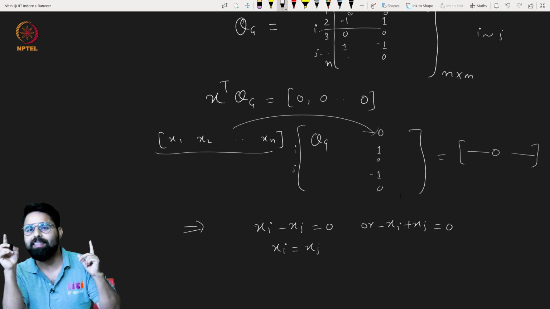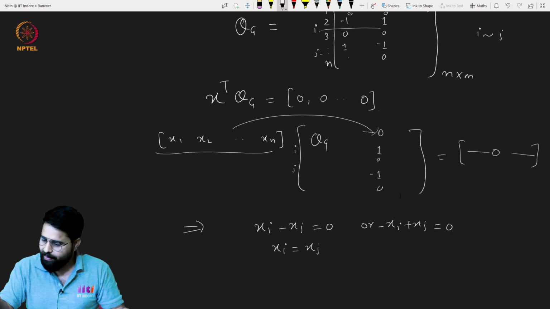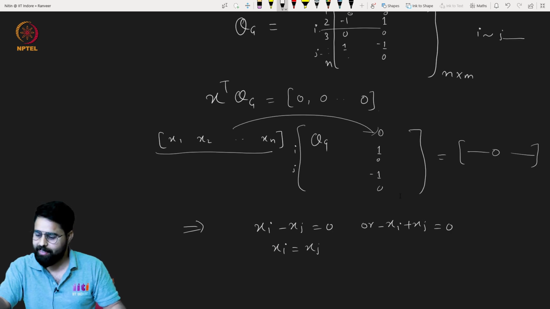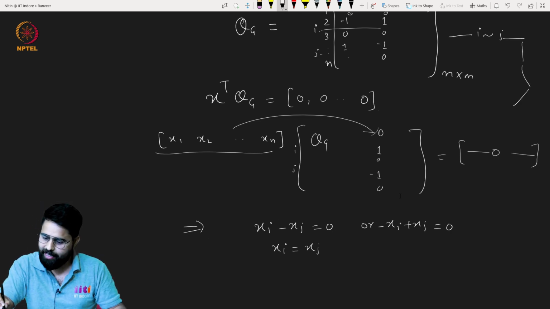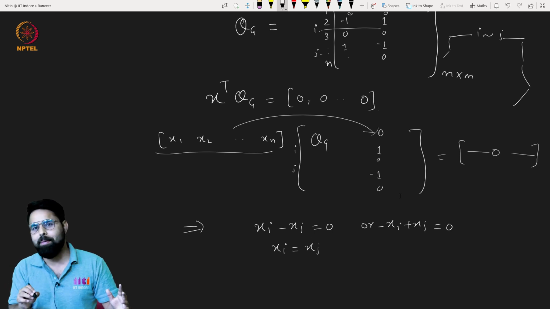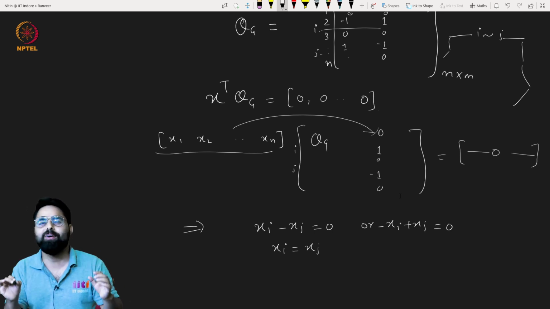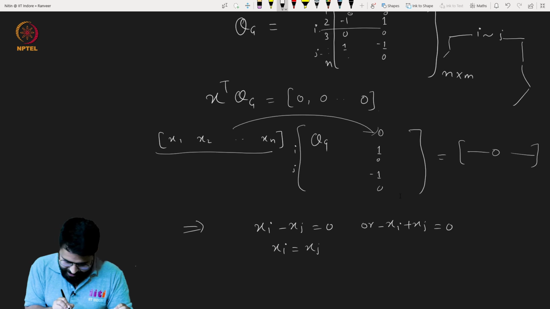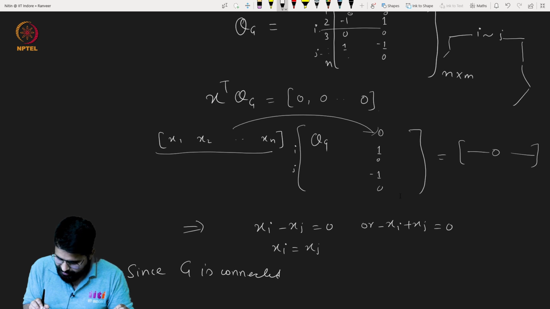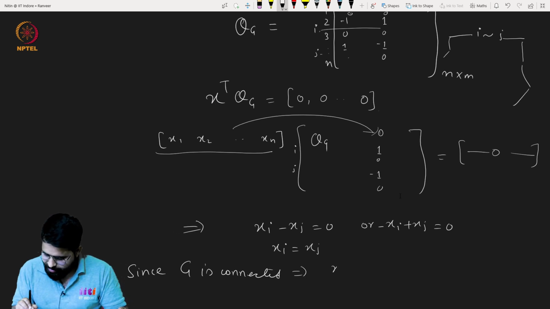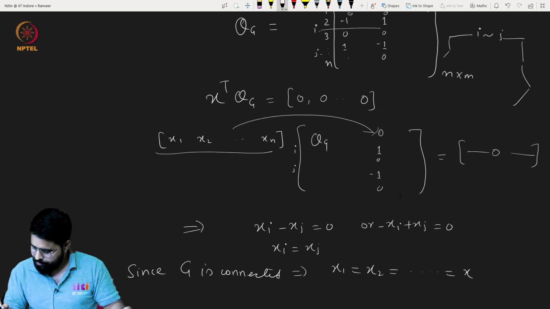Now since the graph is connected, this vertex will also have an edge to some other vertex and so on, and it keeps going, similarly this and this, right? So this implies every coordinate, since G is connected, this implies x1 equals x2 and so on, equal up to xn, the number of vertices.